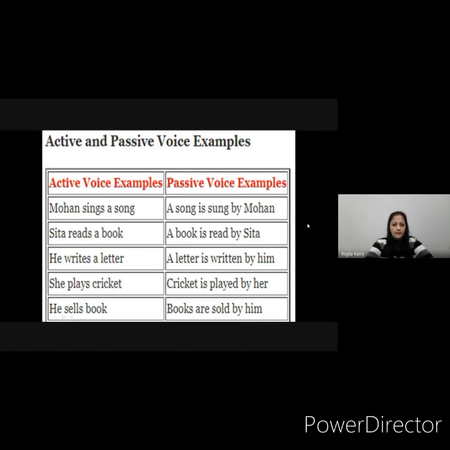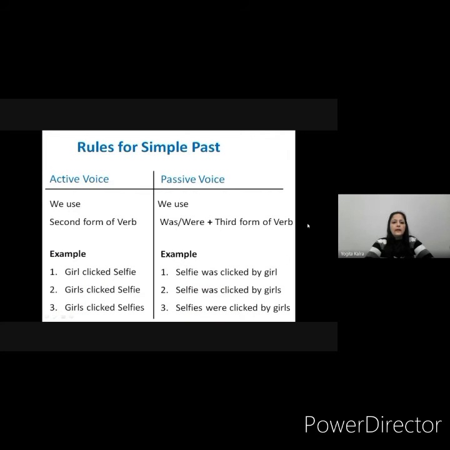Now we move on to the rules for the simple past tense. In the active voice, we use the second form of the verb, that is, the simple past tense. And while changing into the passive voice, we use was or were plus the third form of the verb. For example, girl clicked selfie.